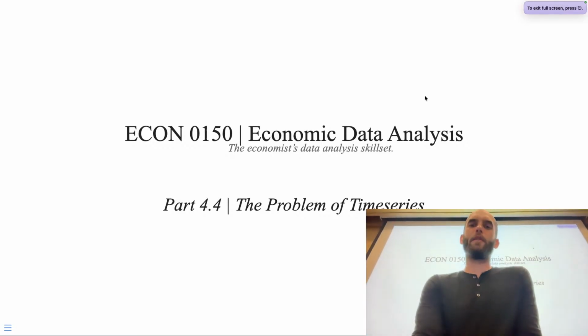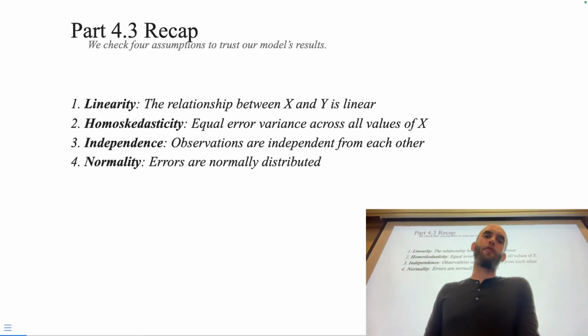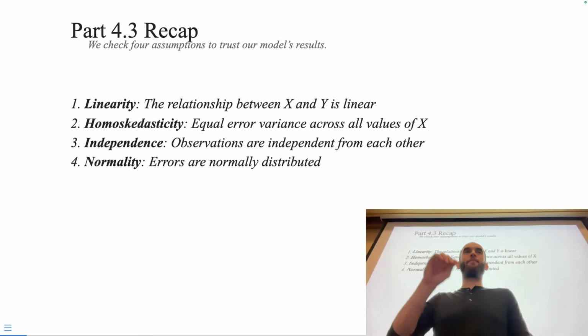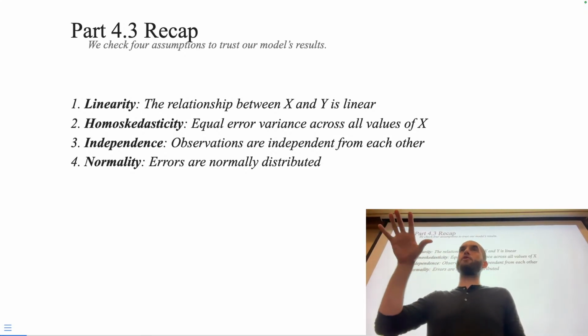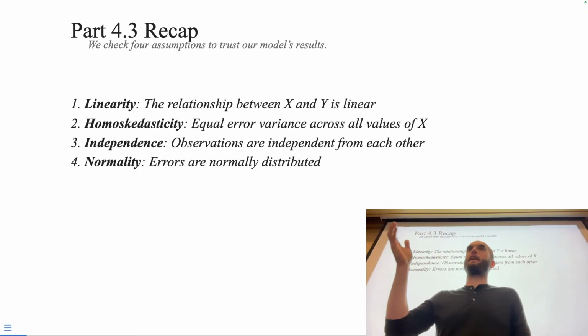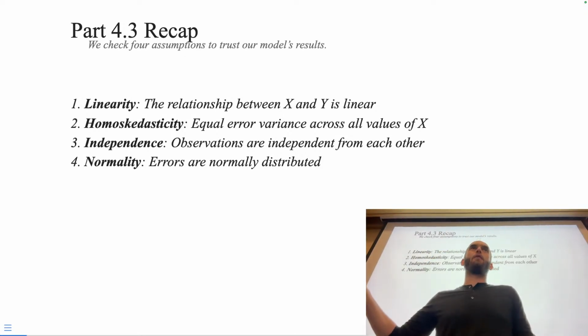So this is called the problem of time series. The main goal is exactly as I've just mentioned. I just want to communicate to you that there are lots of pitfalls when you're working with time series models. Last class, we talked about the 4 main assumptions of the general linear model, which is linearity. So we're going to assume a linear relationship between our 2 variables. Homoscedasticity, so this is equal variance across every part of the x value.